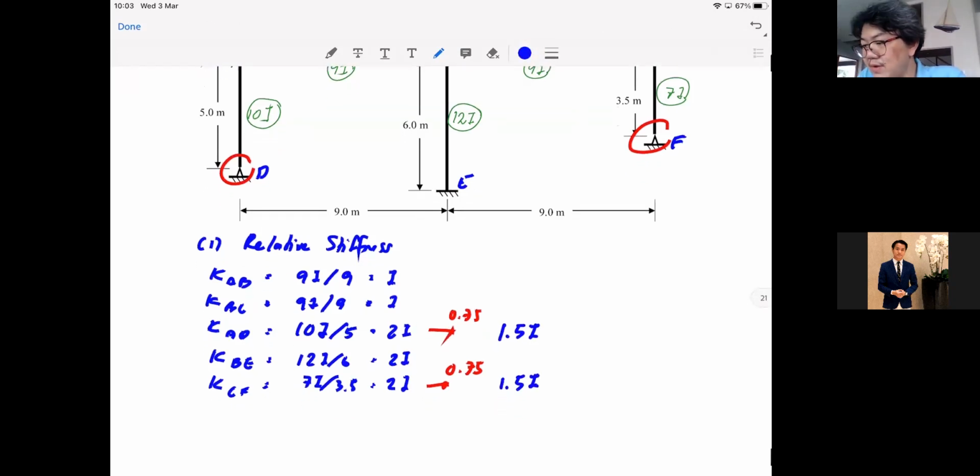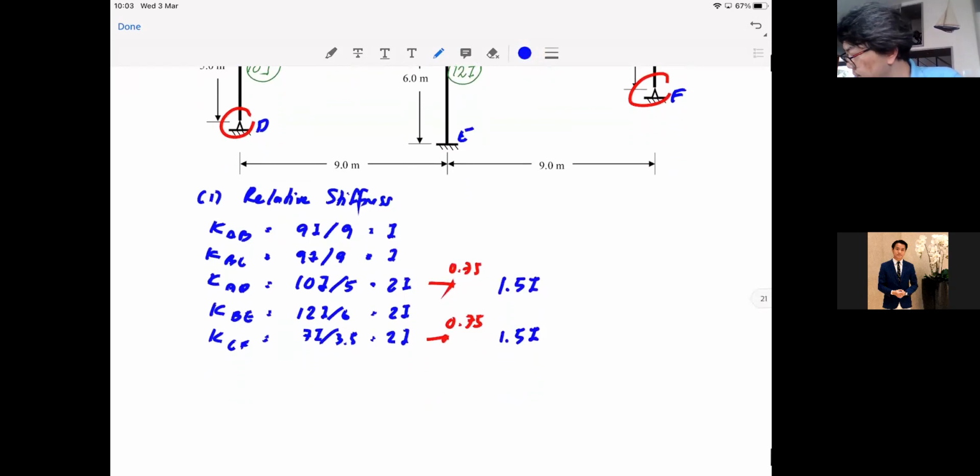So we are down to our distribution factor now. Number 2, distribution factor. I don't know why I don't write DFs, right? Should be DFs.